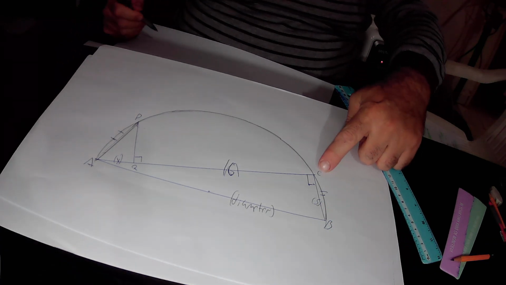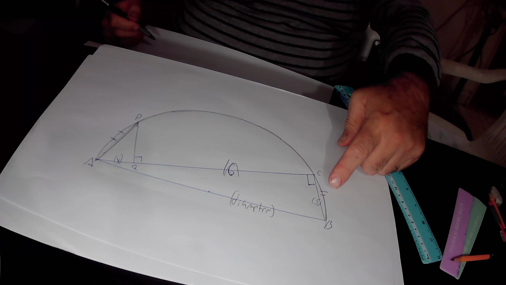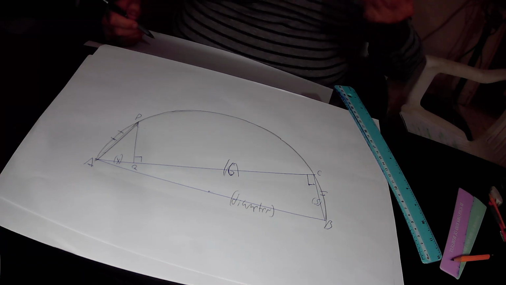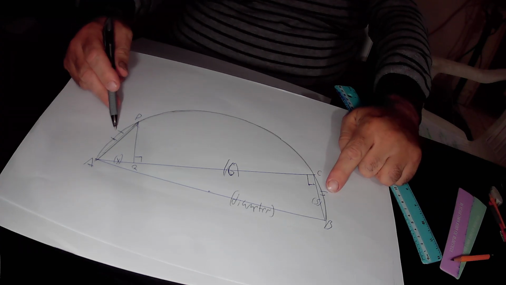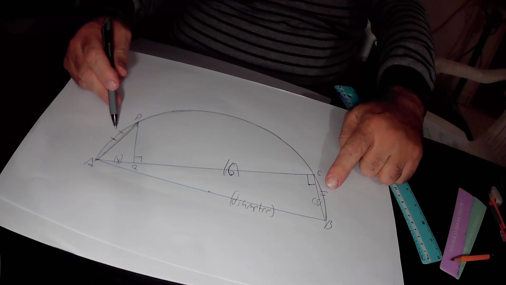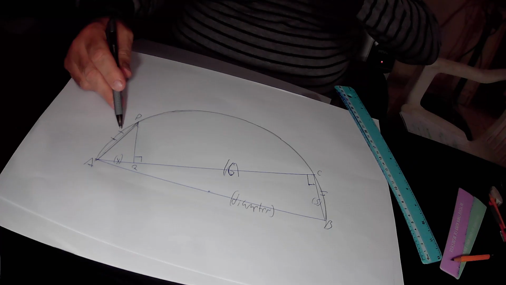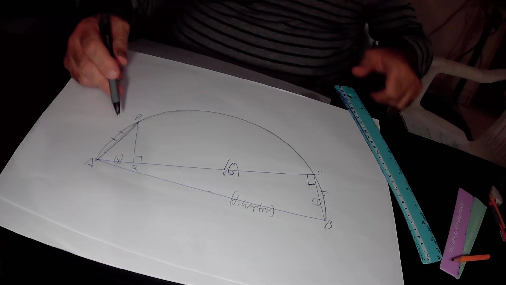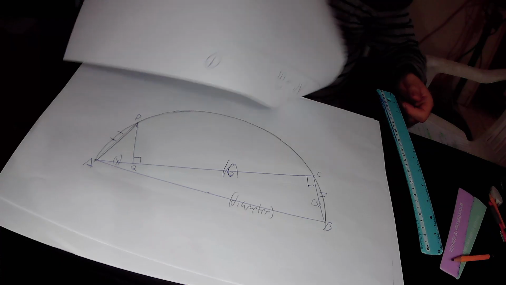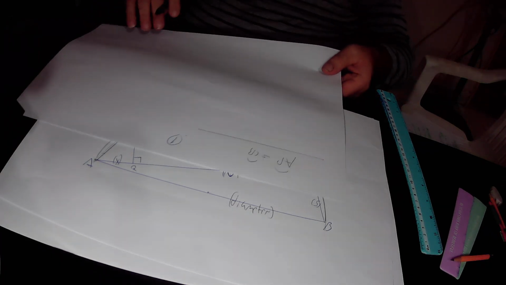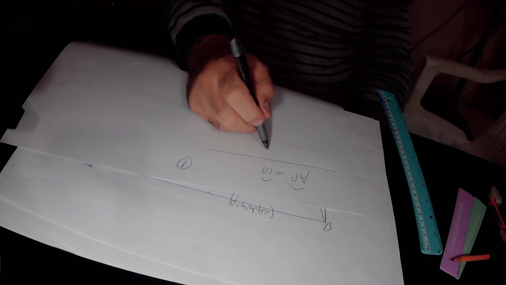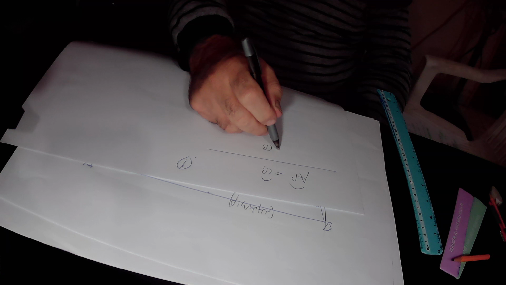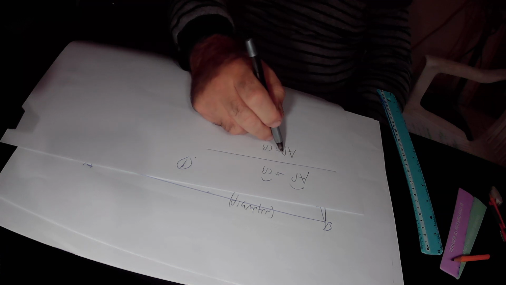Likewise, this is chord CB, the corresponding chord of arc CB. According to rule 56, because those two arcs are equal to each other in their lengths, their corresponding chords must also be equal to each other in their lengths. That is to say, chord CB equals chord AP in its length according to rule 56.